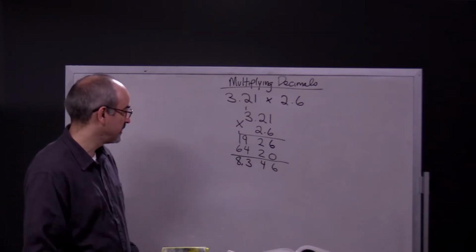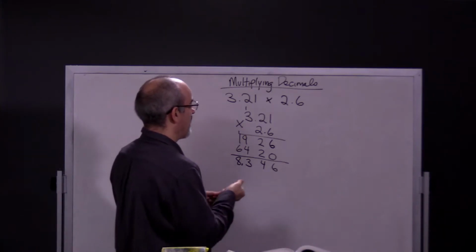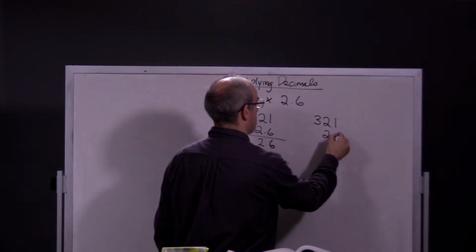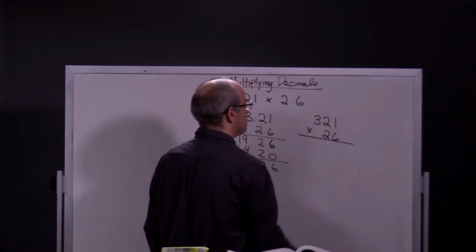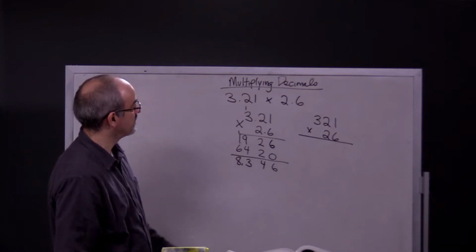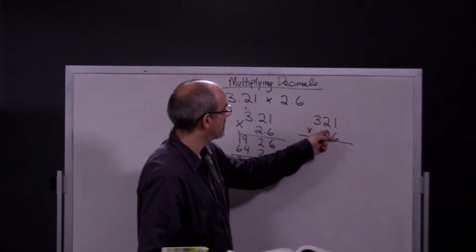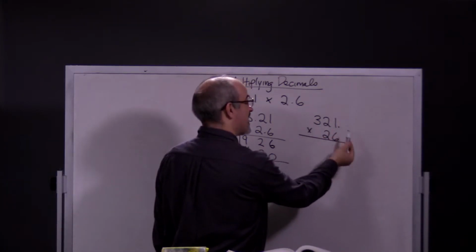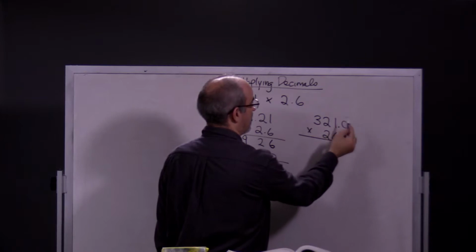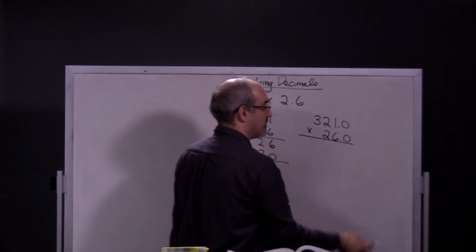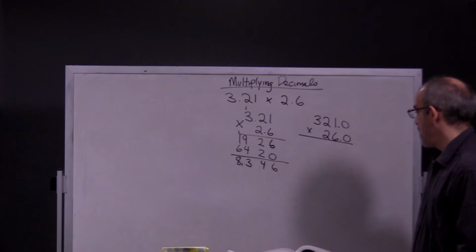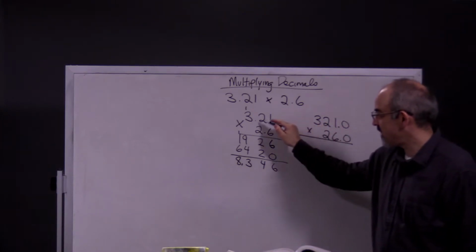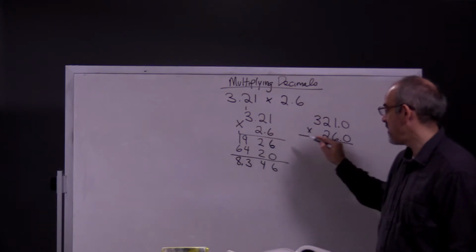How did we get it though? Well, remember, we pretended that the decimal wasn't there. We just thought this number was 321, which means the decimal would be right there, and same with this. What we're really trying to see is what 3.21 times 2.6 is.